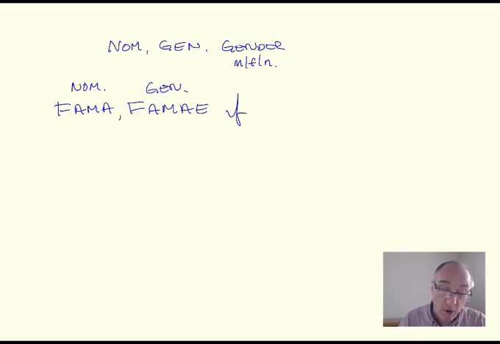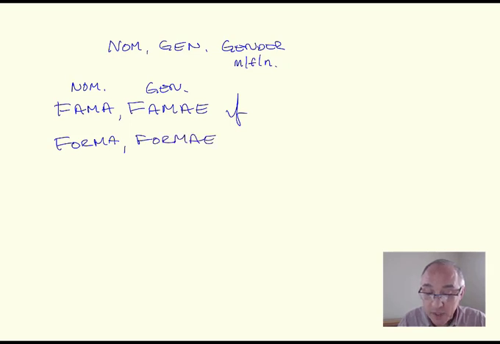What's the next one? Forma, formae, feminine. Same thing. Nominative, genitive, and then the gender. All of the ones in this chapter, with one exception, two exceptions, are feminine. And we'll talk about the exceptions in just a second.